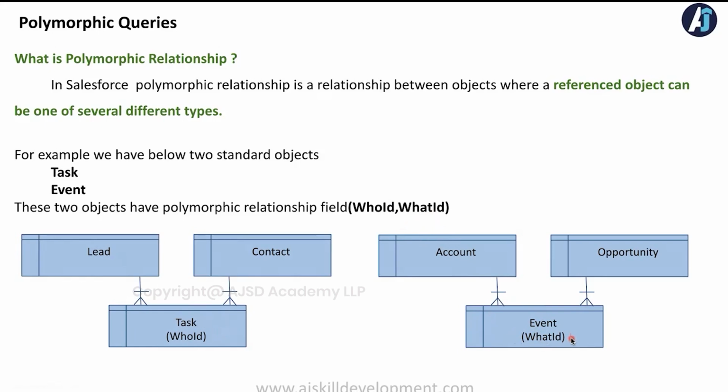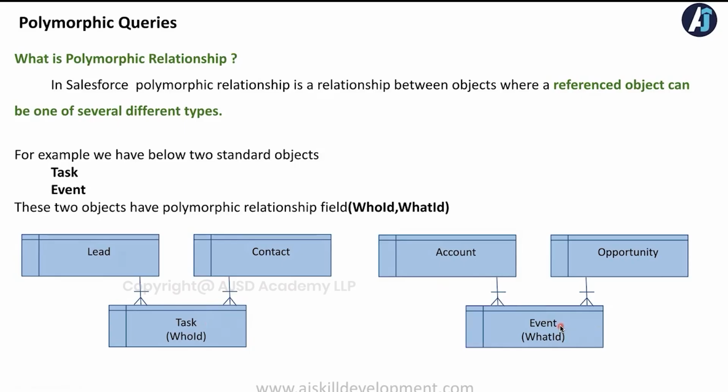If you look at WhatId, other than lead and contact, all other objects can be a parent, and their parent record IDs will be stored in the event object's WhatId. The same applies for task also.